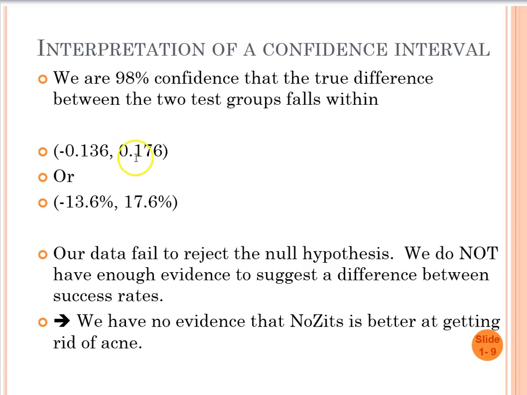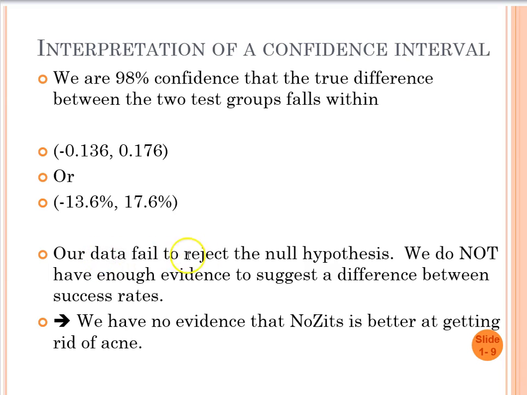Whereas when the term is positive, that suggests that the group that we put first, that is the Nose-Its group, they have a higher rate of clean skin. And so because this goes from negative to positive, that suggests that either group could have a higher rate of clean face, or that maybe there's even no difference between the two groups.